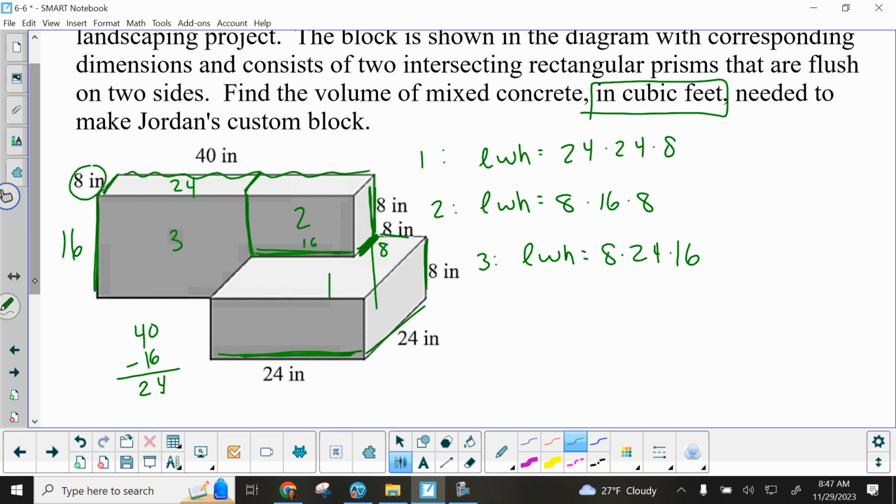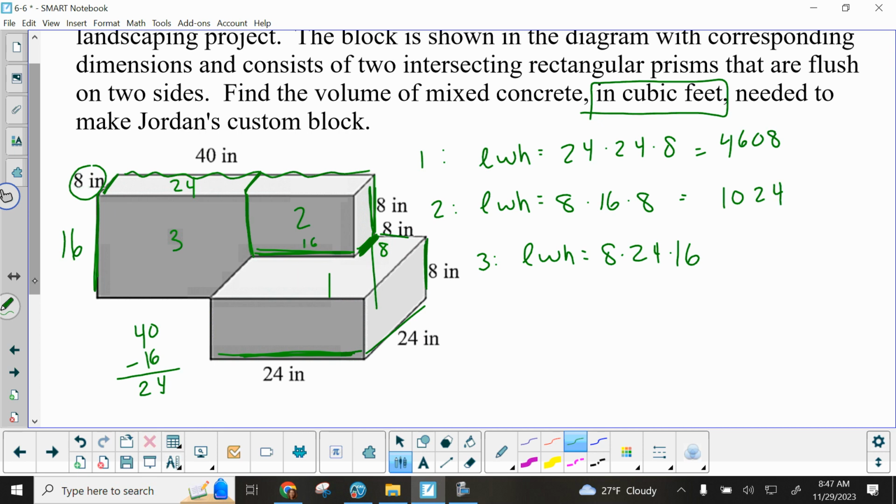So now I just have to multiply everything together. So I've got the top one is the 24 times 24 times 8. The second one is 1,024.